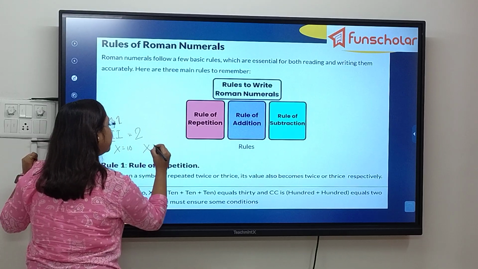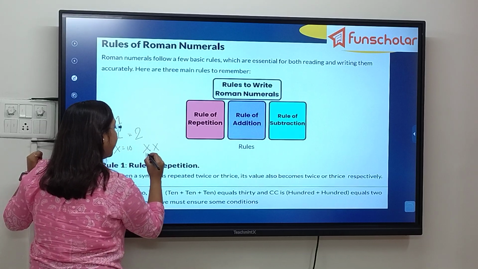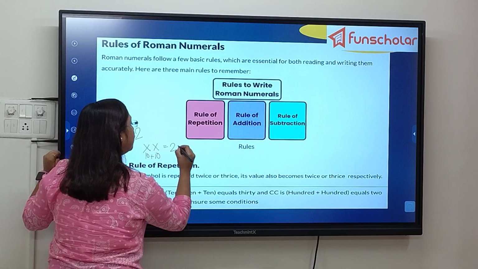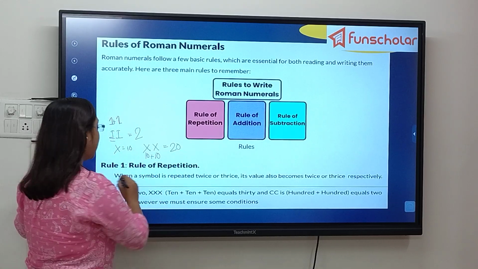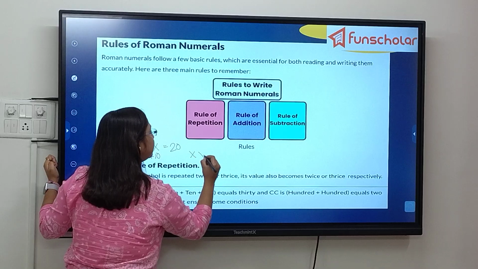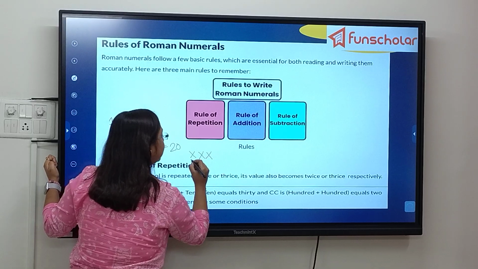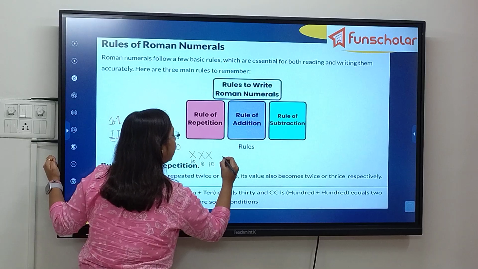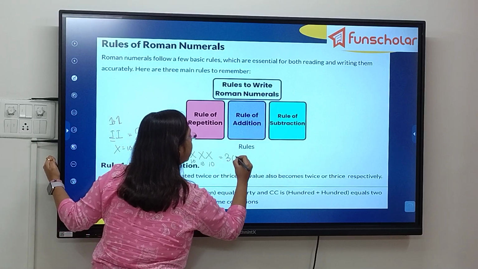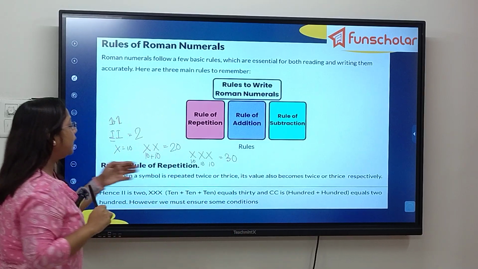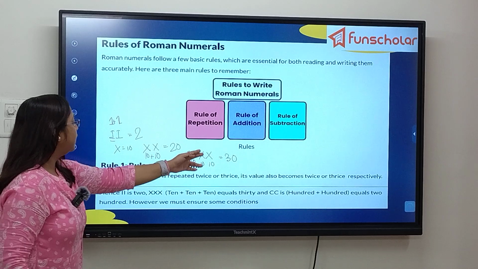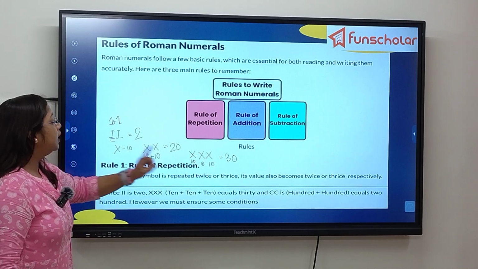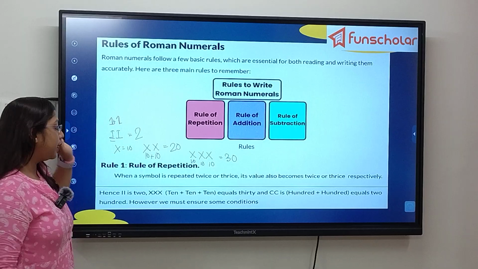If we write this one twice, it will be 10 plus 10, so it will be 20. Now, if we take this 3 times, this will be 10 and 10 and 10. So, the total value will be 30. If we repeat the symbol 3 times, then the value will be 3 times the value of one symbol.